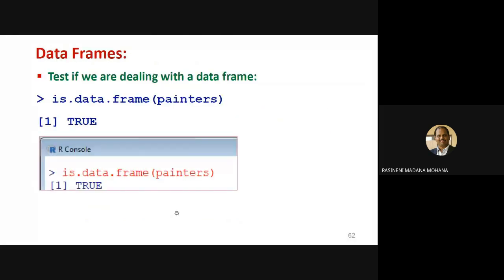Now, for the entire data frame that we are working with, is it a data frame or not? If you want to test whether we are dealing with a data frame, use the command is.data.frame. So is dot, like is.numeric, then the data frame is denoted as data.frame here.